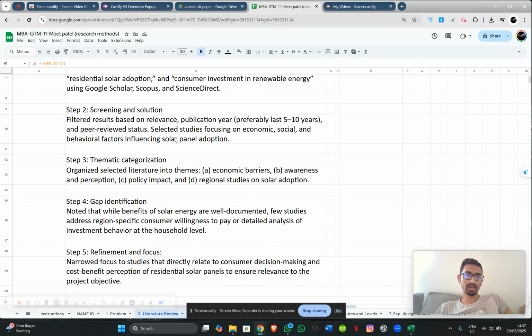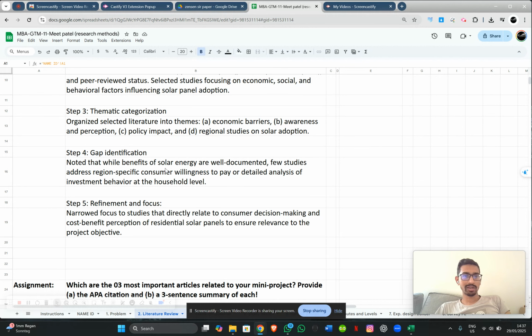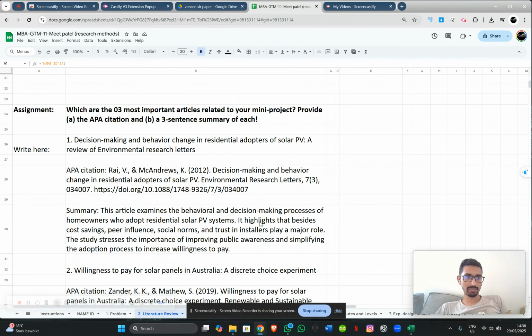Step four is gap identification, where I describe that the benefits of solar energy are well documented, but few studies address consumer willingness to pay and detailed analysis of investment behavior. Step five is refinement and focus: narrowing the focus to studies directly related to consumer decision making and cost-benefit perception of residential solar panels, to ensure relevance to the project objective.